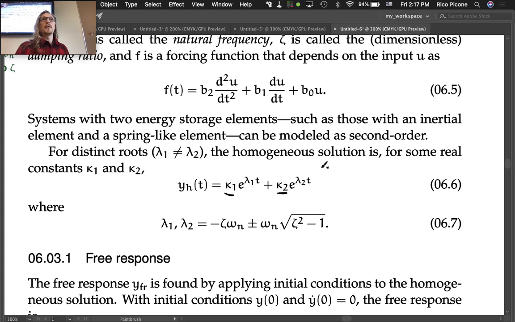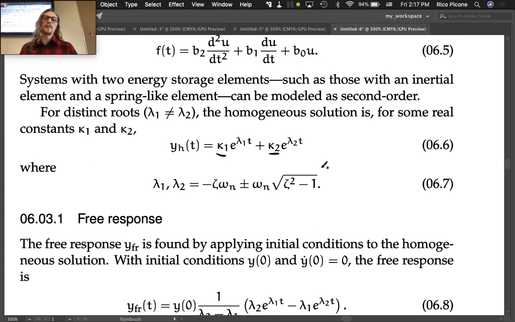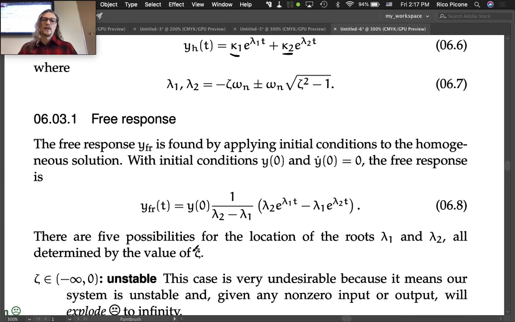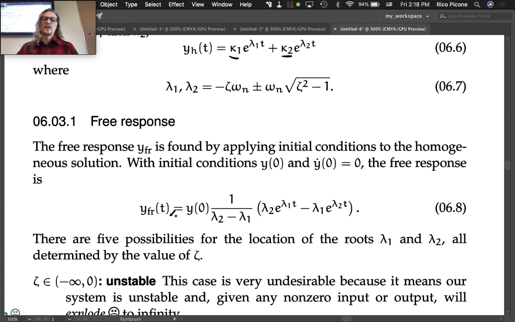We're focused right now on the free response because we've developed our homogeneous solution. If you want to find the free response, all you have to do is say my homogeneous solution is the only solution I care about, because the forced response solution requires that the input, or the forcing function, be non-zero. And we're not worried about that for a free response. So for free response, apply the initial conditions to equation 6.6, and we get y free is equal to the initial condition, assuming that's the only non-zero one.